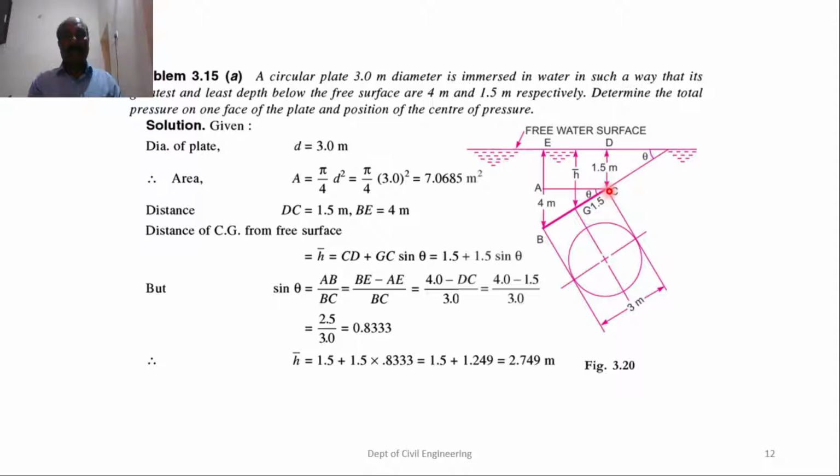Sin theta is 0.833, so H bar is equal to 2.749.